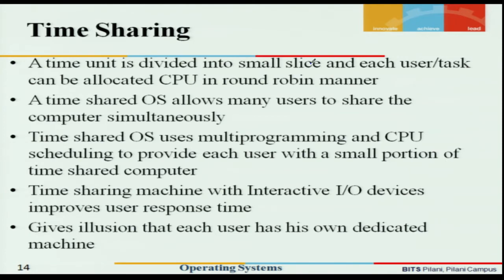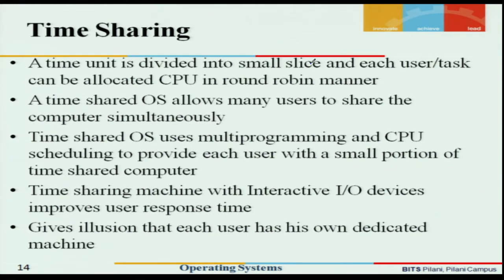So, for example, if I have 3 jobs, A, B, C, and a time slice of 10 millisecond, job A will initially get 10 milliseconds. Once its time slice is over, job B would get 10 milliseconds.